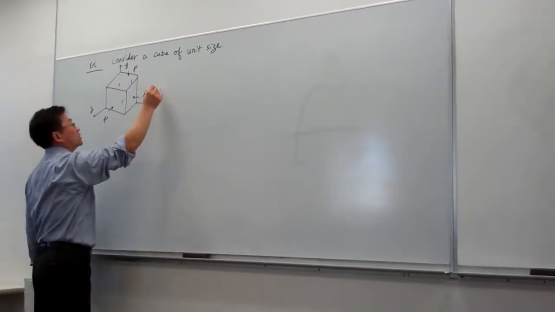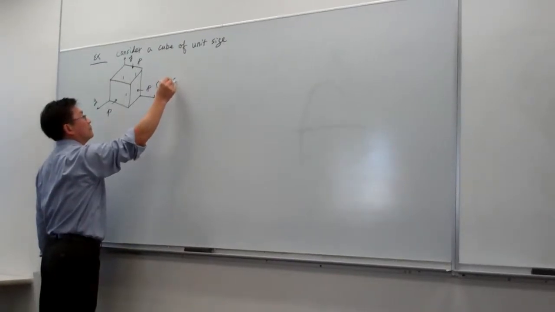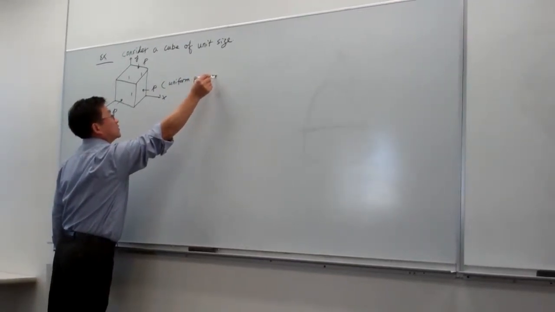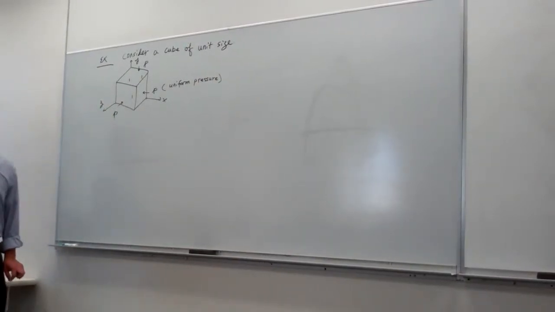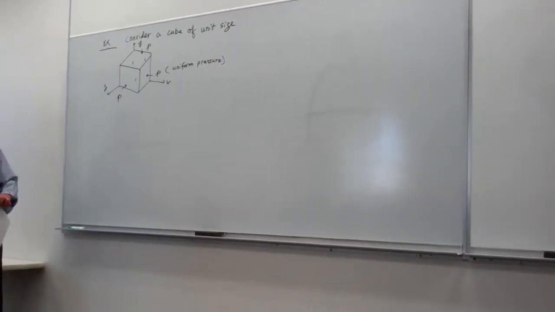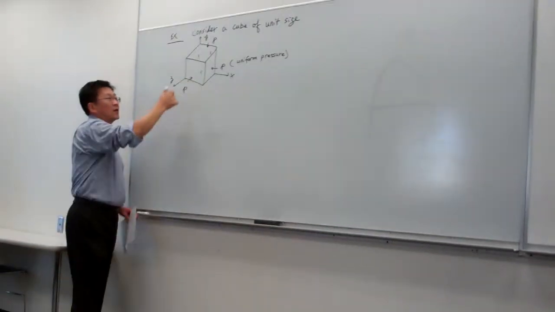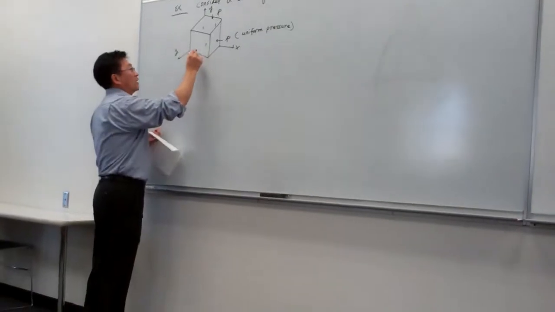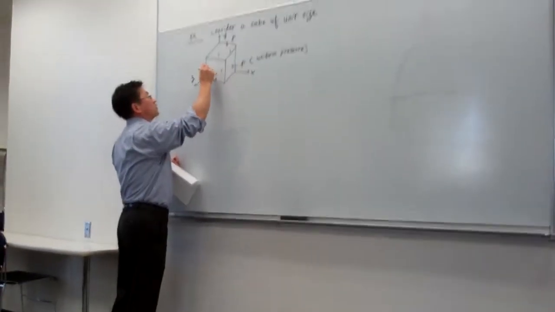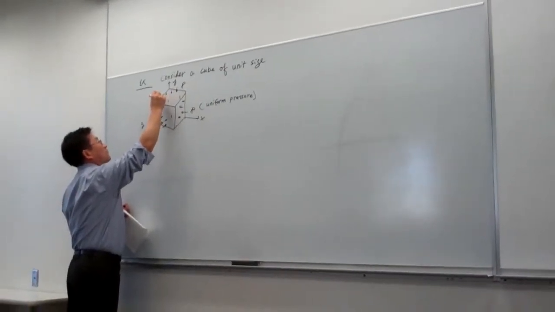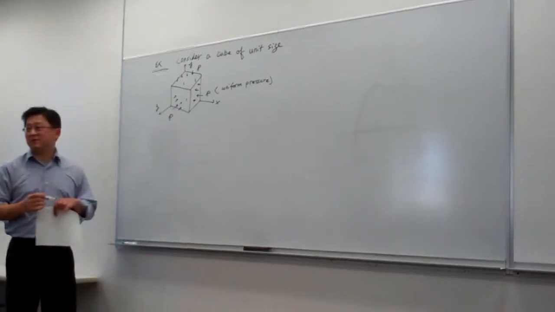P is the uniform pressure. So this is one example I try to describe for this exercise. P is not a force, and if you wish, I can draw more arrows, to indicate that P is the uniform pressure applied everywhere on the surfaces of this cube.